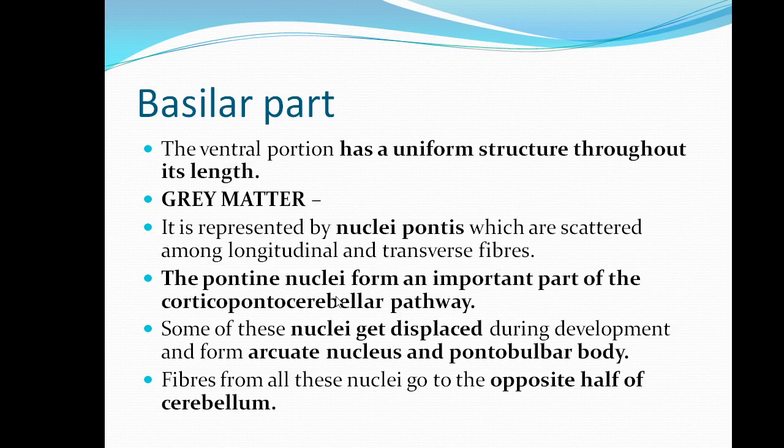The pontine nuclei form an important part of the cortico-ponto-cerebellar pathway. Some of these nuclei get displaced during development and form the arcuate nucleus and pontobulbar body. Fibers from all these nuclei go to the opposite half of the cerebellum.